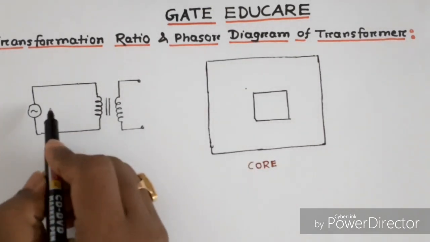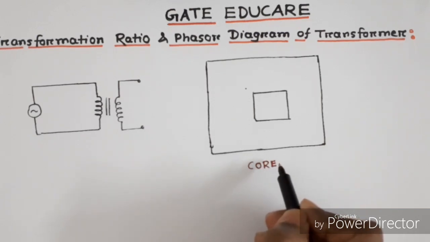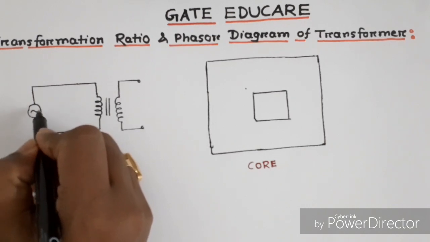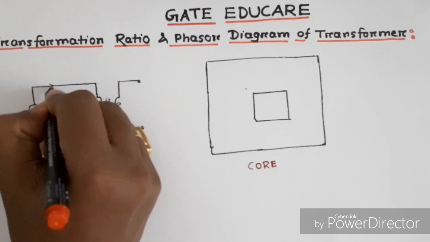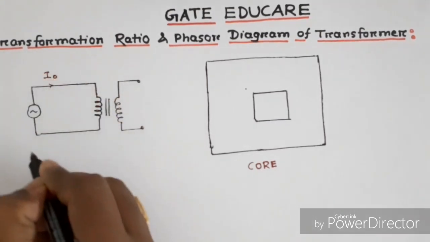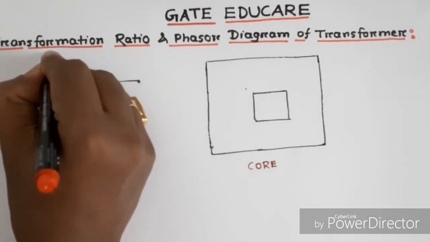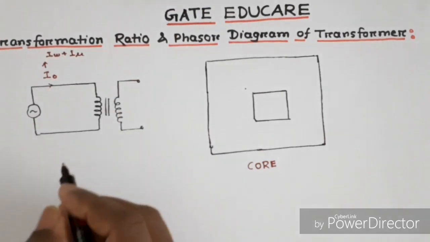Okay. This is a transformer and the core of the transformer is drawn separately. Whenever an AC voltage is applied to the transformer, a no load current I0 will be drawn from the supply. The I0 has two components, IW plus I mu.